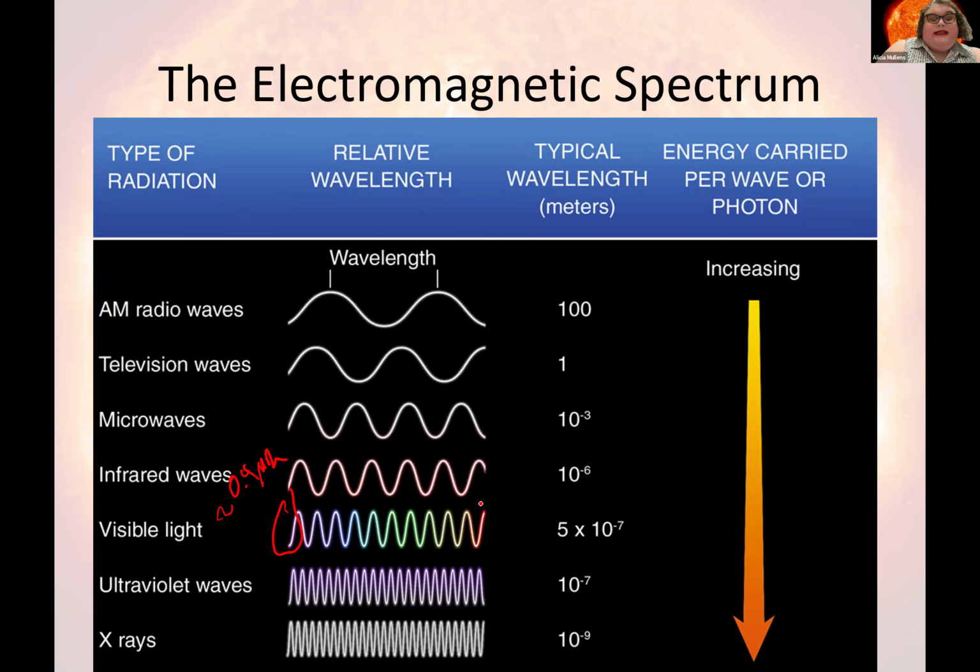Meanwhile, the longest waves are red, and the longer wave after that is called infrared. That is approximately 0.7 micrometers. And as you get shorter than violet, you get to ultraviolet waves.